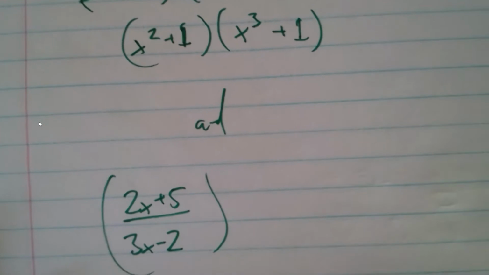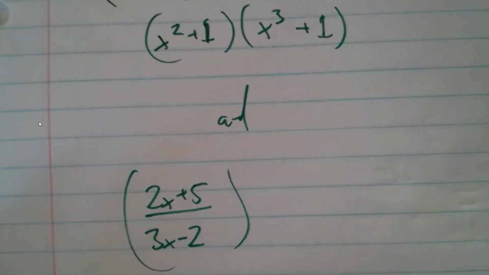Try these two on for size. I would suggest not doing this on your note paper and doing this on like a scratch piece of paper. Or if you need more room, try it on your whiteboard. If you have any problems with this, that's perfectly normal. I'm just trying to prove a point here that these are not easy to figure out.